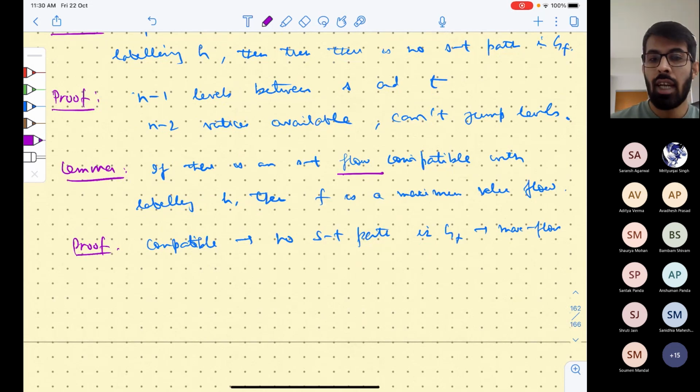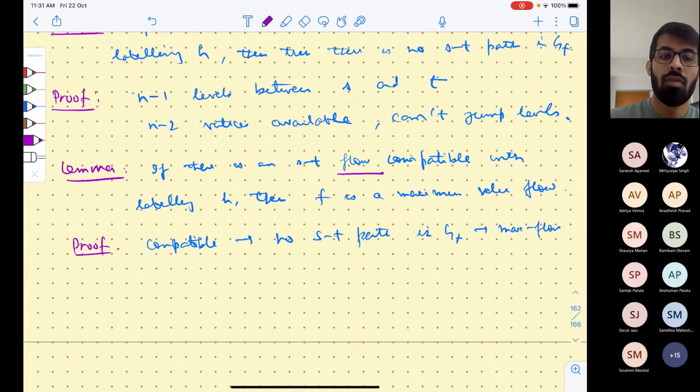So that gives us an idea of how to go about it. We start with the preflow and always maintain a labeling that is compatible with the preflow, so there is never an ST path in the residual graph. But slowly we'll try to convert this preflow into a flow. And finally, when we are able to convert this preflow into a flow, we again have a compatible labeling, because that's what we have been maintaining inductively all the time.